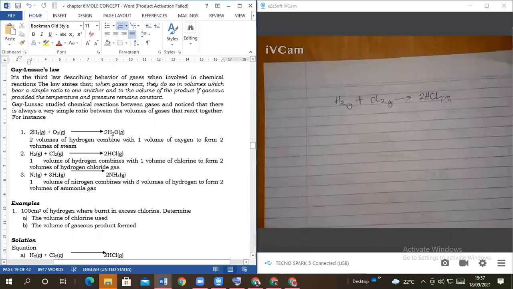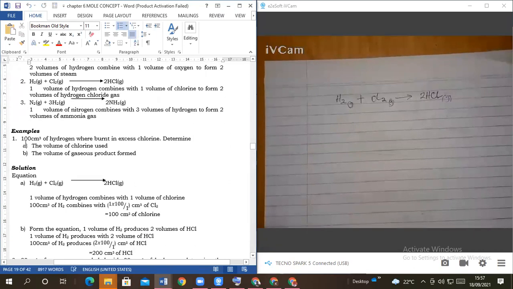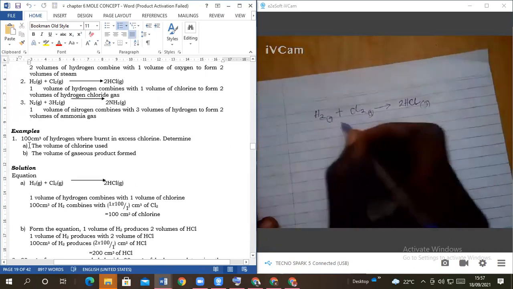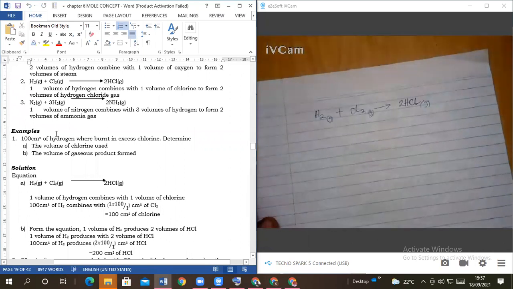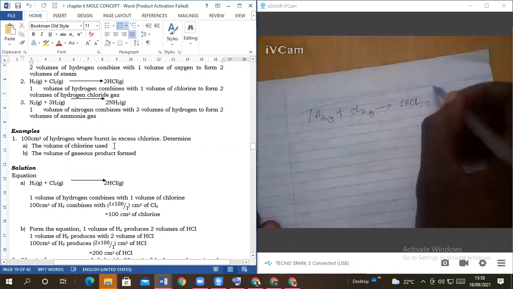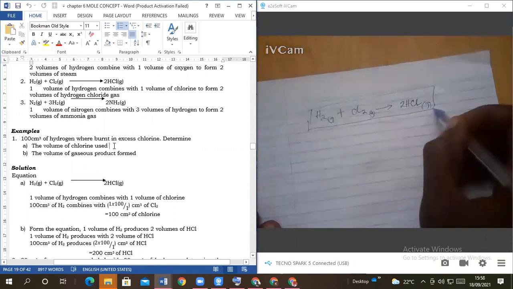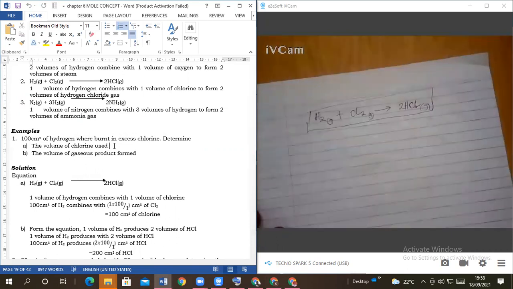So that's what is there. They will not direct you and tell you this is the equation, but you must be positioned to know that hydrogen was burnt in excess chlorine to form a gas. Which gas is that? It's called hydrogen chloride. So this is a well-balanced equation of the reaction.